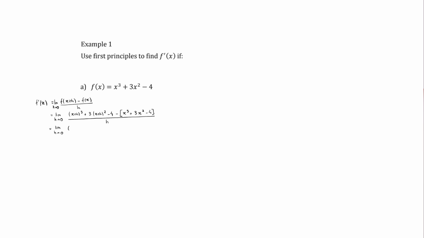But here we are going to have x to the power of 3 plus 3x squared h plus 3x h squared plus h cubed. And now, so this is the expansion of (x plus h) cubed, right?